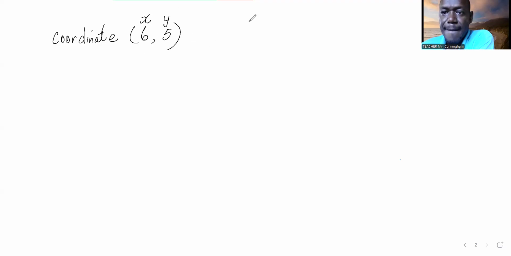To explain the formula, let's say you have a point on the graph, and let's call that point 6, 5. So 6 on the X, 5 on the Y. And you have another coordinate, so you have two coordinates.